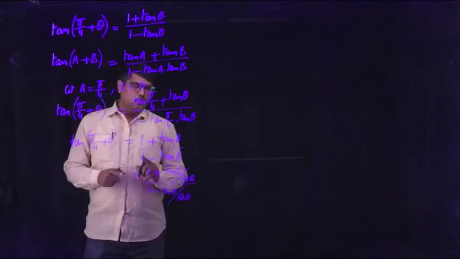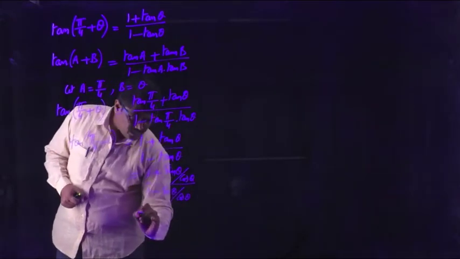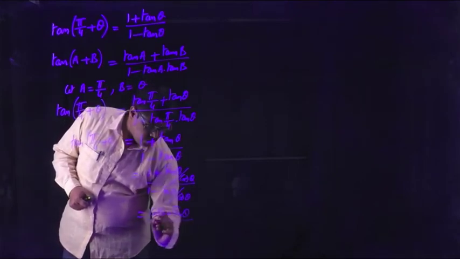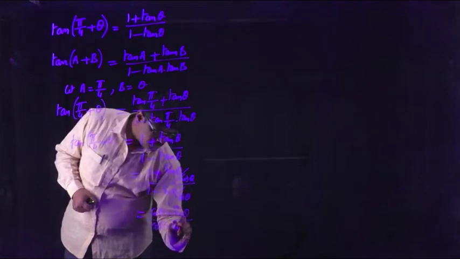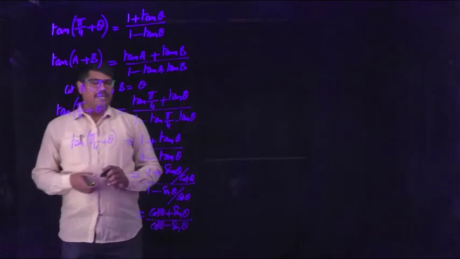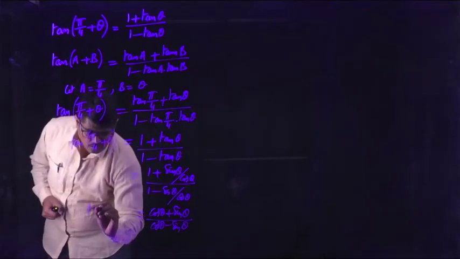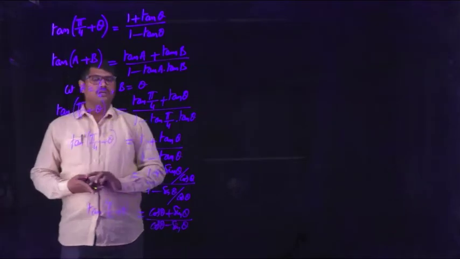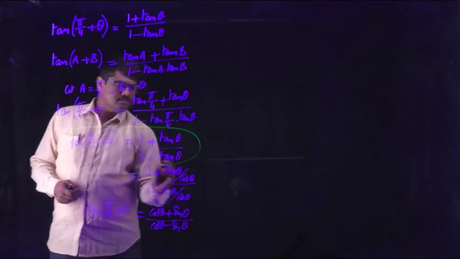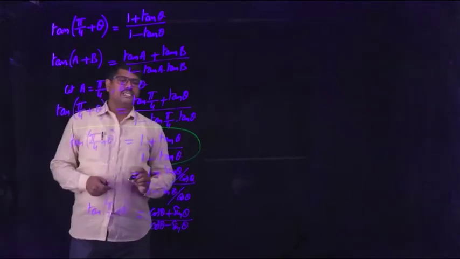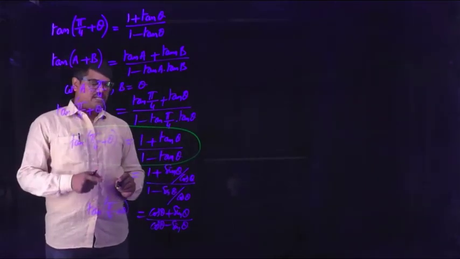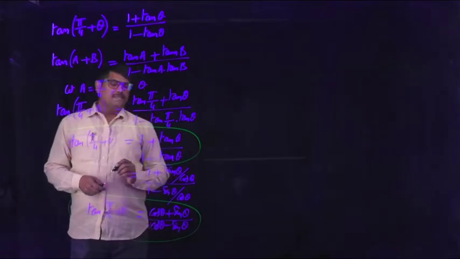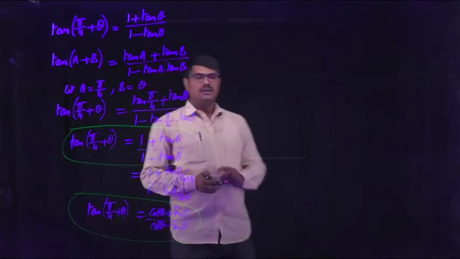Taking LCM in the numerator and denominator, it becomes cos theta plus sin theta by cos theta minus sin theta. So we have two formats for tan pi by 4 plus theta. You can remember tan pi by 4 plus theta is 1 plus tan theta by 1 minus tan theta, or you can remember it as cos theta plus sin theta by cos theta minus sin theta.